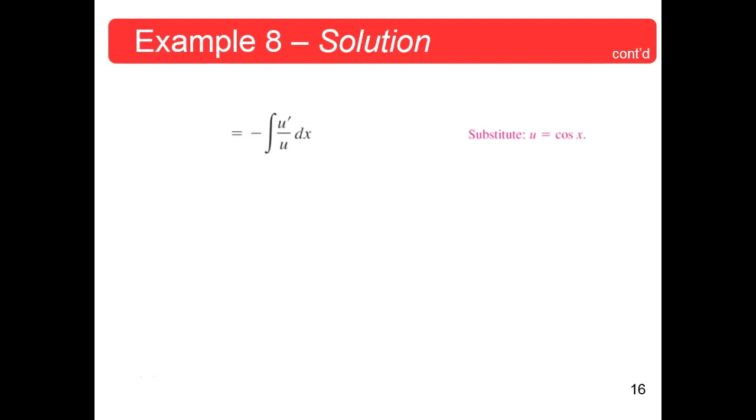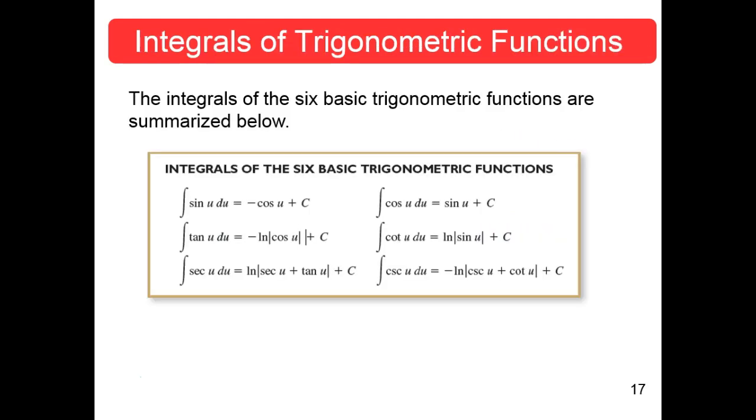And that would lead to negative log u plus c. Plugging in u being cosine x, you have negative log cosine x plus c.